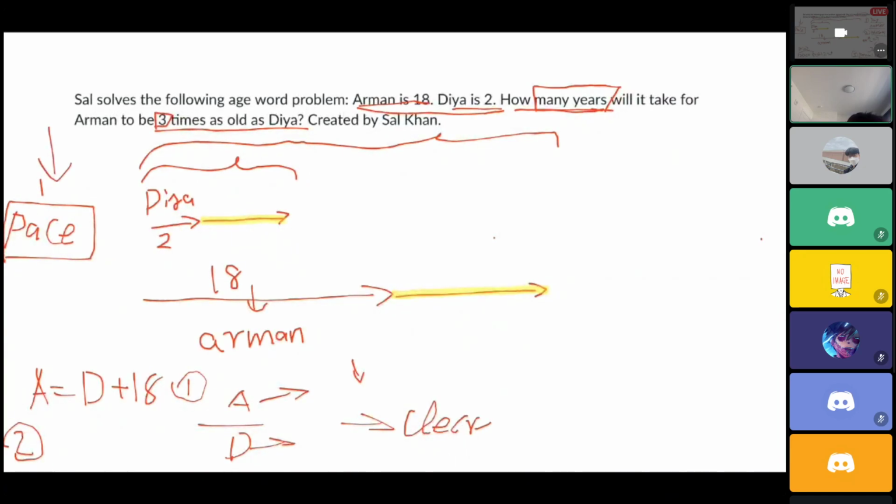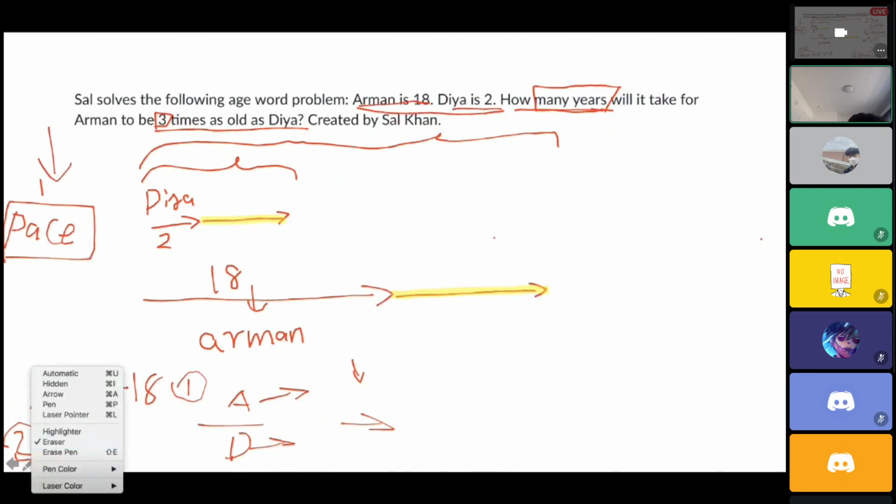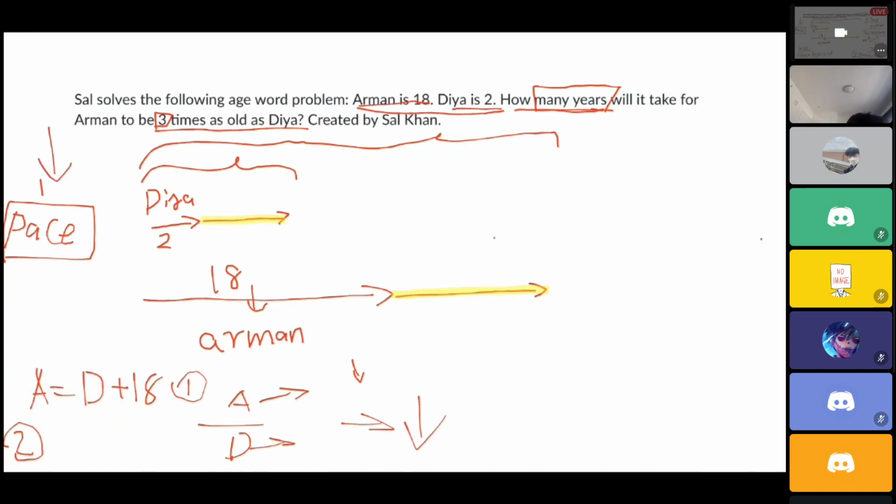It's kind of ugly, I'll just draw an arrow to represent decreasing. Okay, those are the two patterns we discovered.